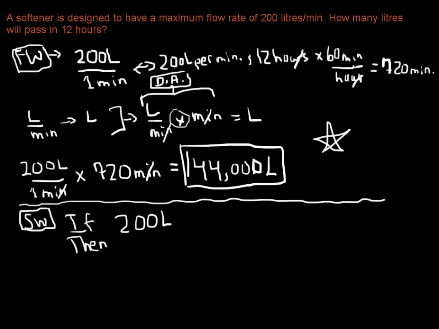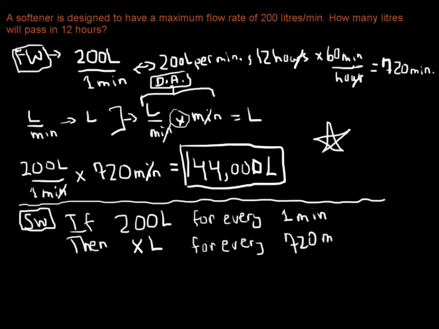200 liters for every 1 minute. Then, and this is what we're trying to find, x amount of liters. This is our unknown. This is how many liters have passed in 12 hours, for every 720 minutes. So this is what we're given.